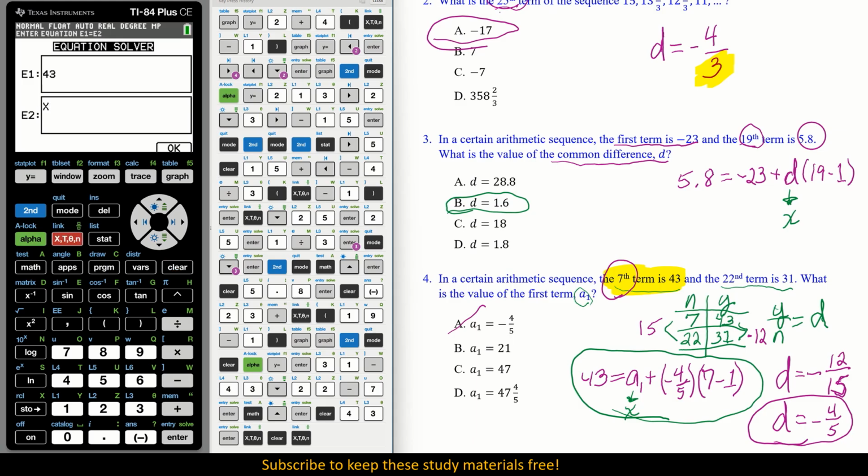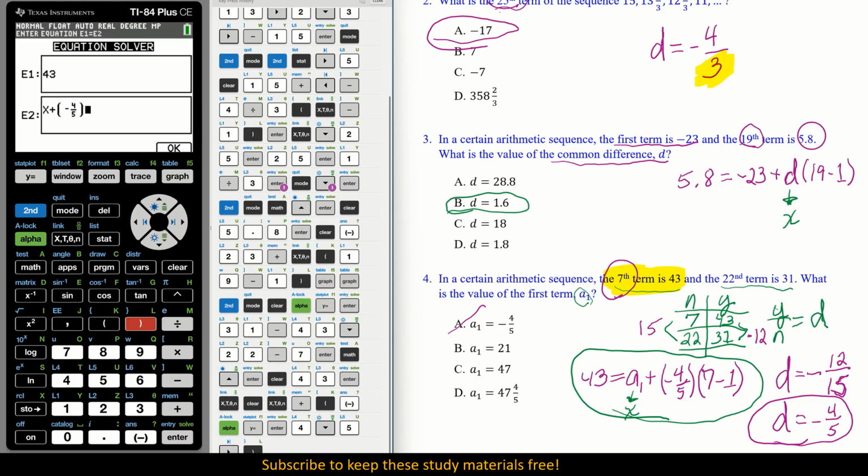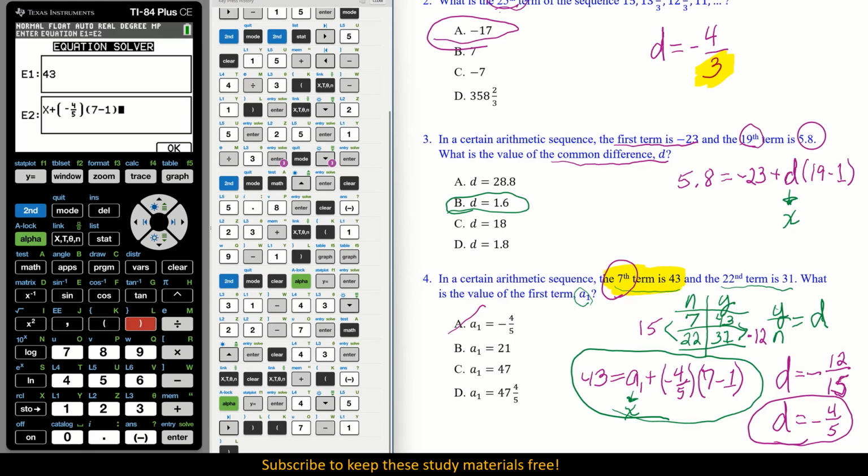So x, then I'm going to say plus and then parentheses, and negative, alpha equals, we can use that here, 4 over 5. Then I'm going to close my parentheses, open it back up, and now I have 7 minus 1, close it. All right, and that is exactly how we wrote it out.